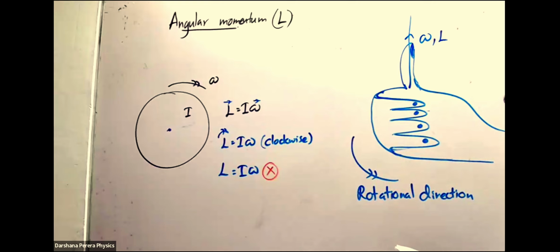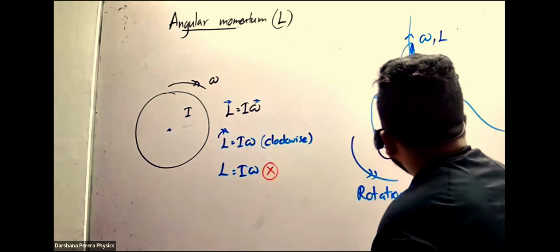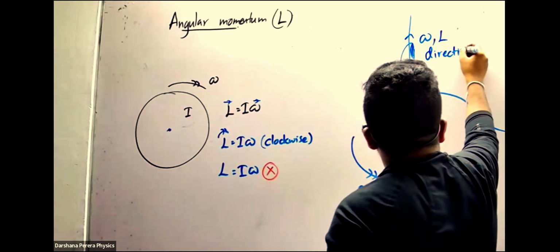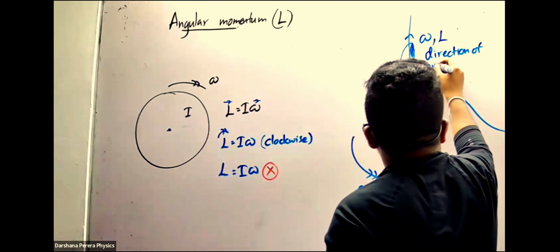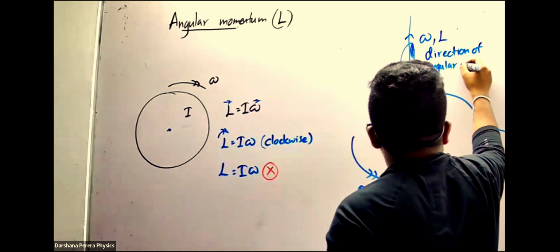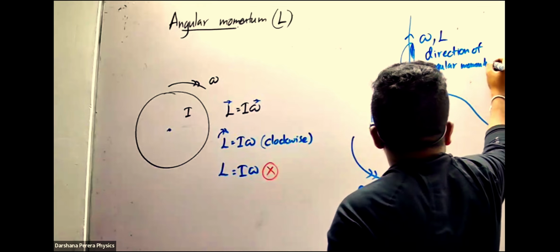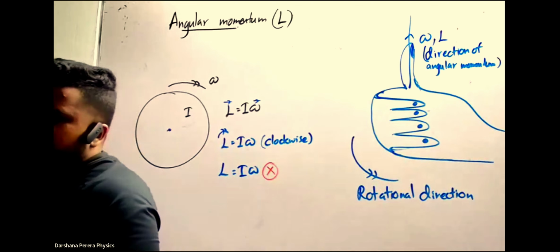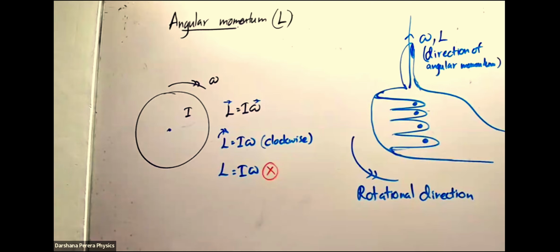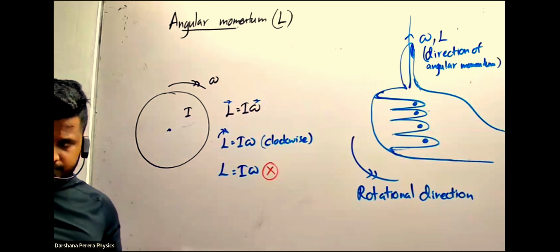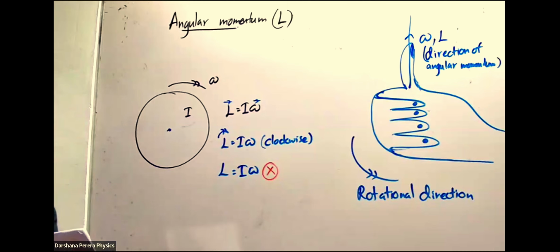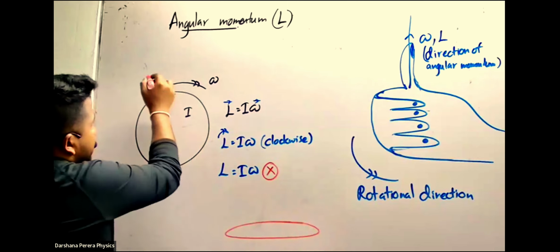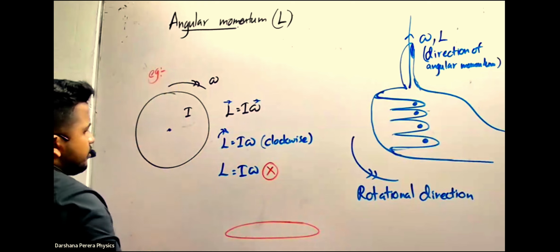Okay, write this down. The direction of angular momentum is a very important thing. When we discuss the conservation of angular momentum, it is very important. Write down the examples also. Example 1, example 2.